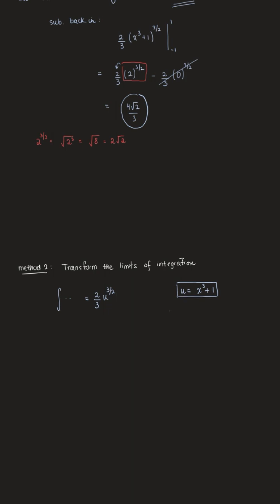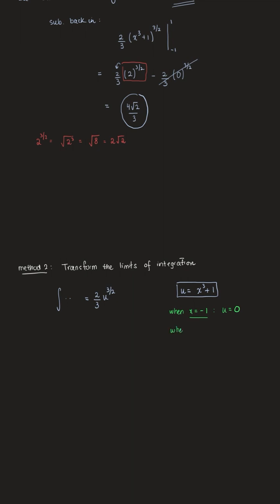So when x is -1, our lower limit of integration, what we want to do is transform the entire integral to be in terms of u. And that means we're going to transform the limits of integration to be in terms of u also by using our original substitution. So since u is x cubed plus 1, for the lower limit when x is -1, -1 cubed plus 1 will give us a u of 0.